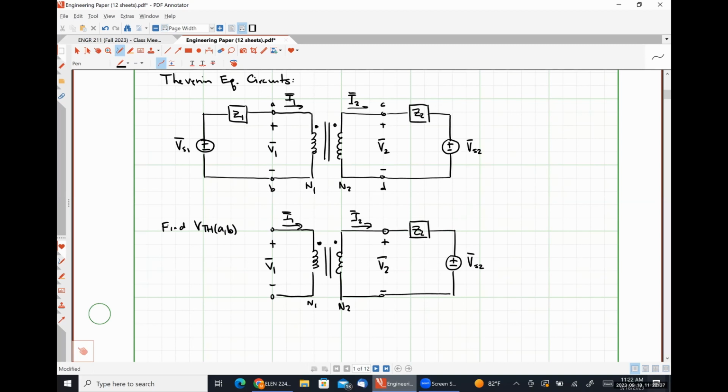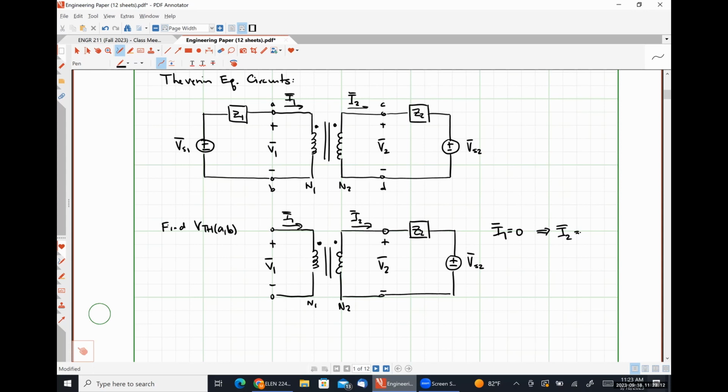All right. So first question, hopefully an easy question. What is the current I1 in this one? 0. Why? Because it's the current flowing through an open circuit. Okay. So if I1 is equal to 0, what does I2 have to be? Also 0, because they're related by the turns ratio.